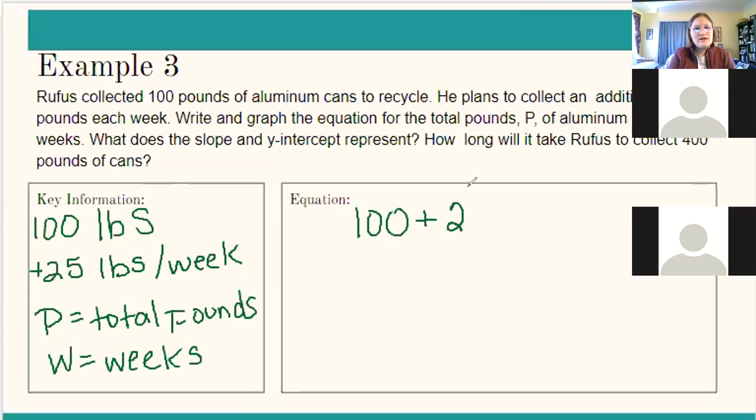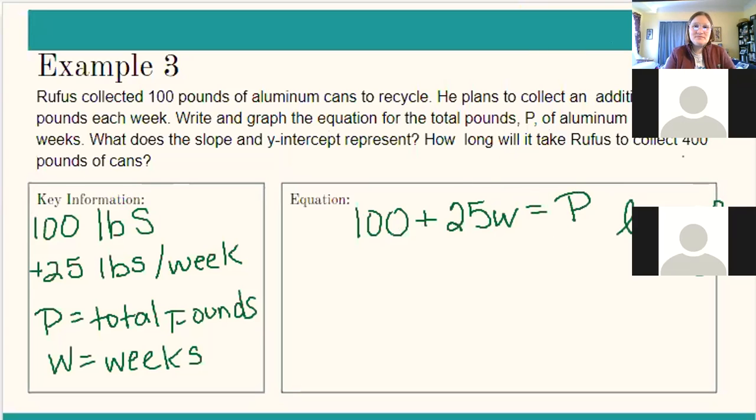Are we only adding 25 once? We're going to add it every single week, right? So 25 for each week, and that will give us the total number of pounds. A linear equation.